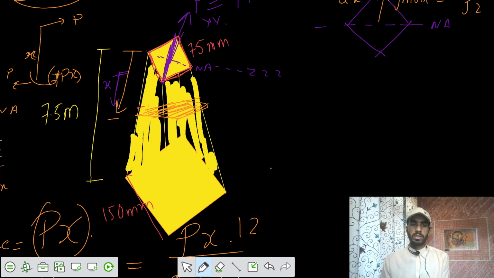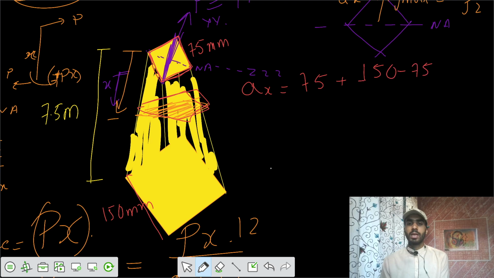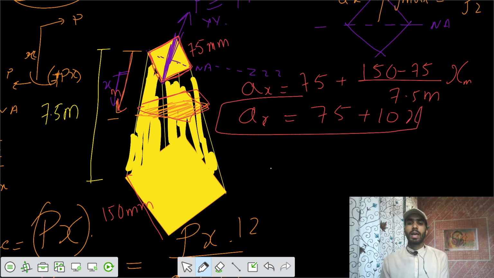So the side at any x equals 75 mm plus the change, 150 minus 75, over the length of 7.5 meter, for a distance of x meter. So you get an equation ax equals 75 plus 10x, where x is in meters.